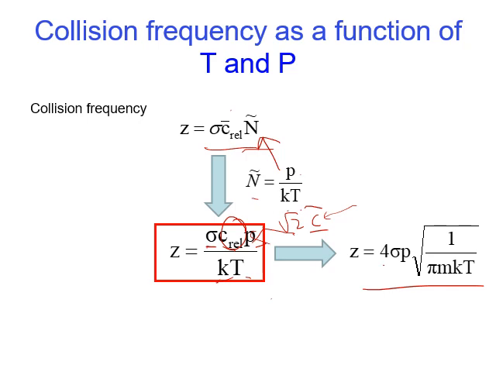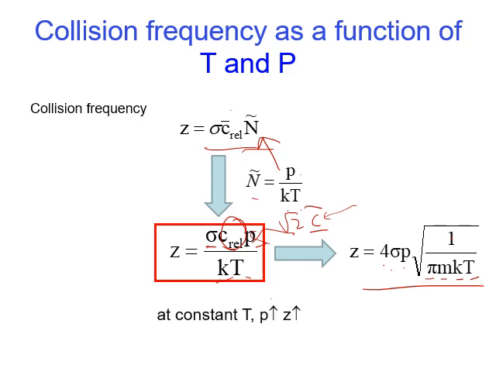4 times cross-section area times pressure times the square root of 1 over pi m Boltzmann constant temperature. And so with that equation, as long as you have temperature and pressure, you can calculate the collision frequency.